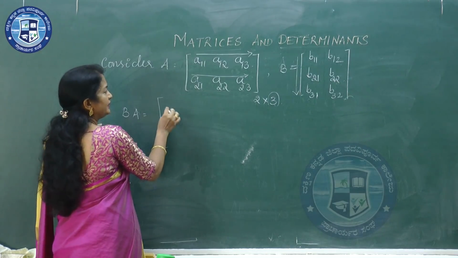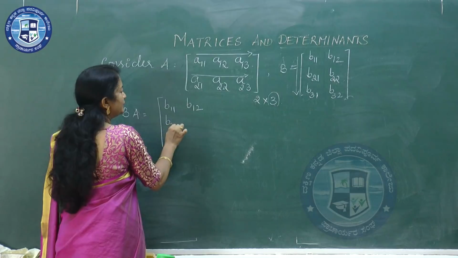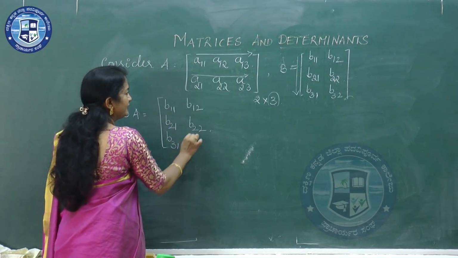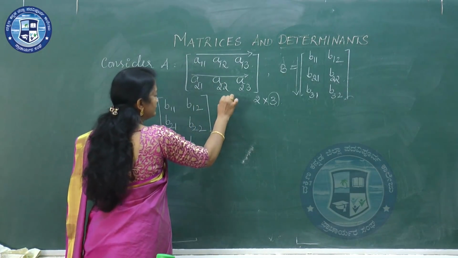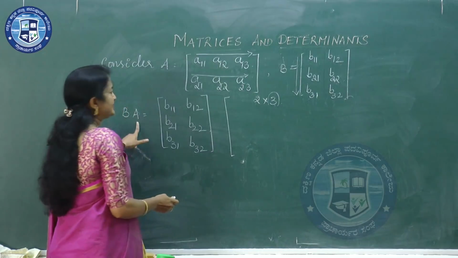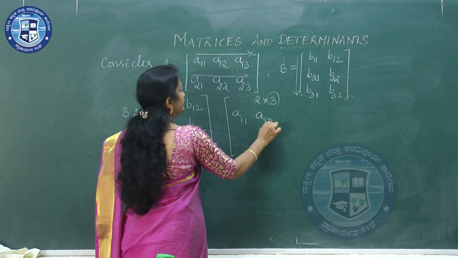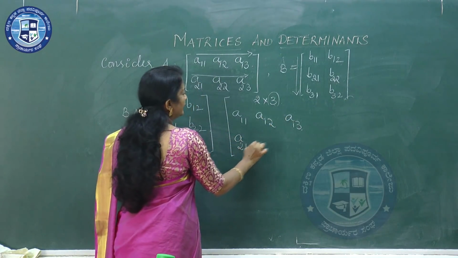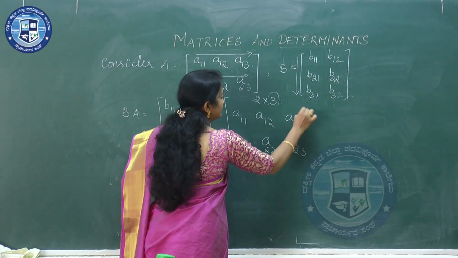What is our B? B11, B12, B21, B22, B31, B32, into the second matrix, which is A, that is A11, A12, A13, A21, A22, A23.